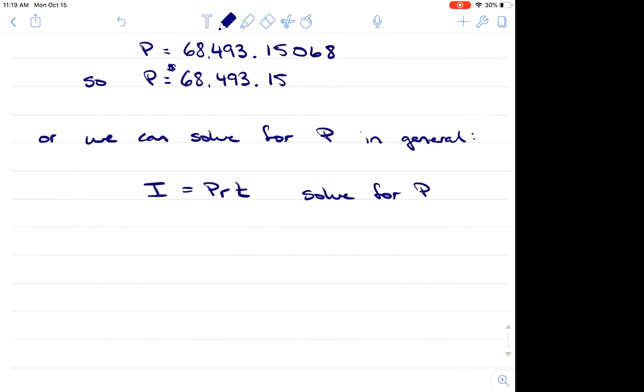So we could have just went, okay, well, P must be I divided by R times T, and then we can just plug in our values and go from there. Cool. So you could solve for P that way too. Any questions about that one? Either method is good. Well, yeah, they're the same, just different order.